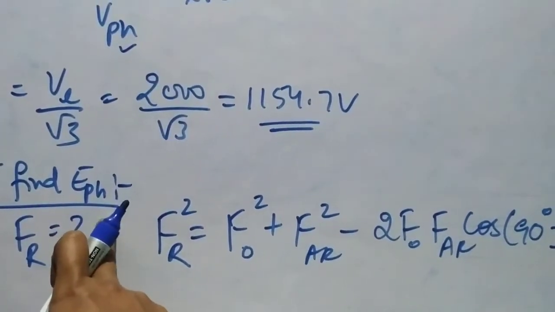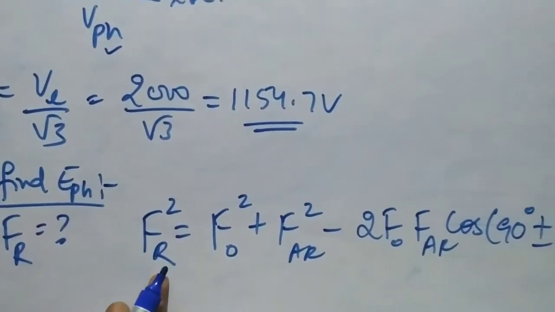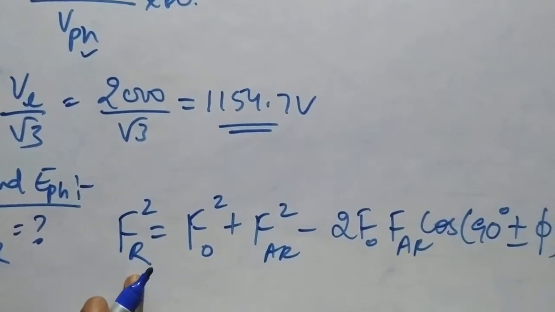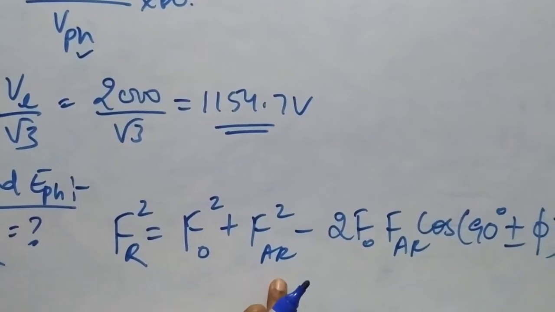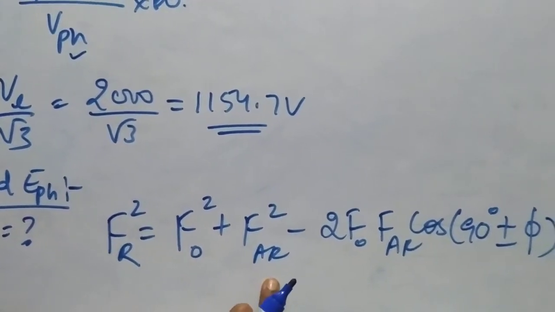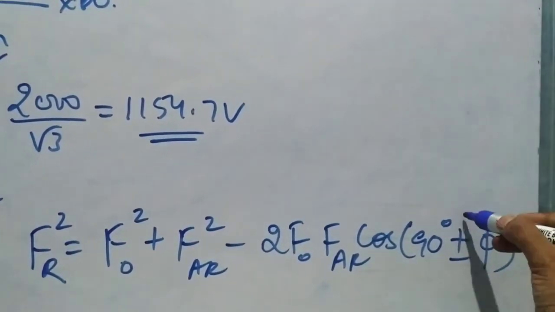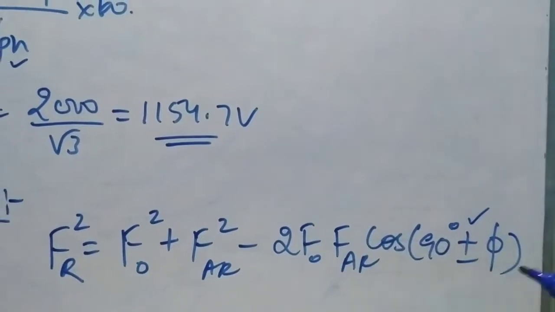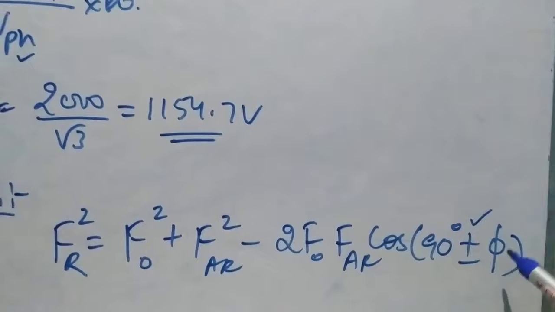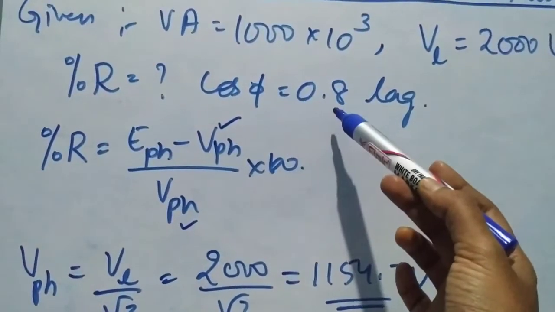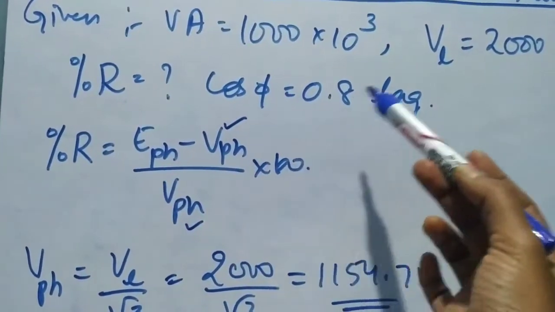Okay. So before we solve for the resultant field current, we have to find out the values of F0, FA and FAR. And here plus is for lagging and minus is for leading. So we will consider the plus sign. And psi is, since cos phi is equal to 0.8, psi will be equal to cos inverse of 0.8.